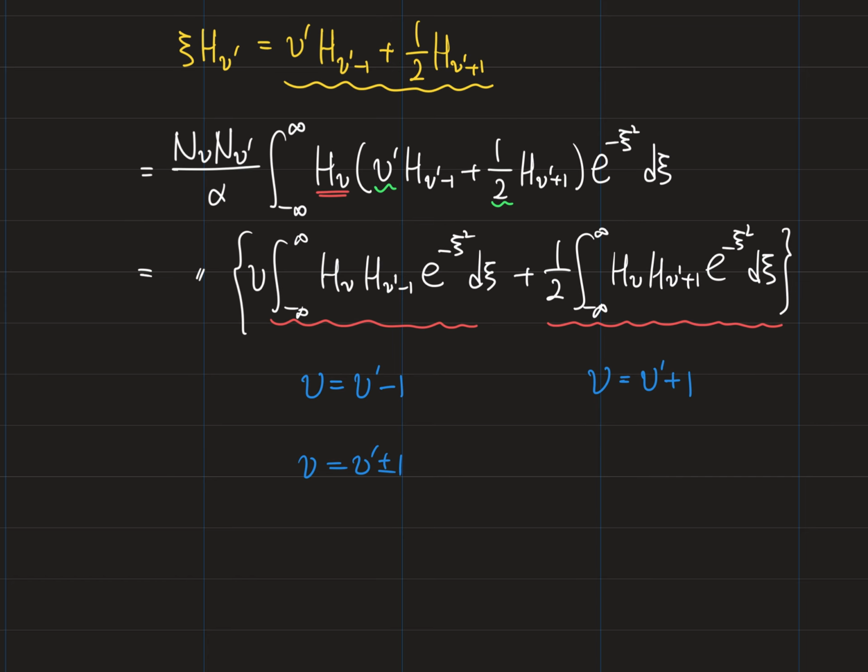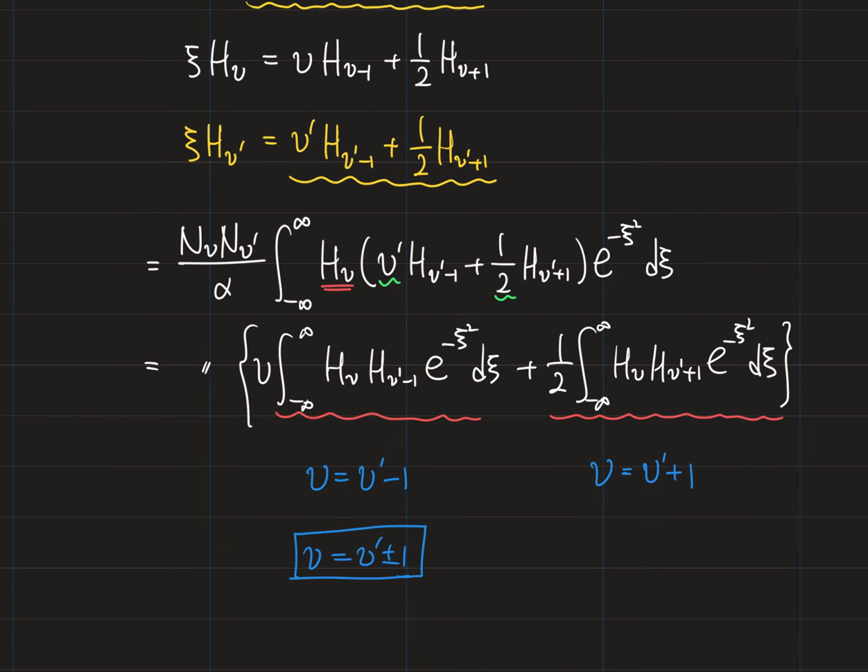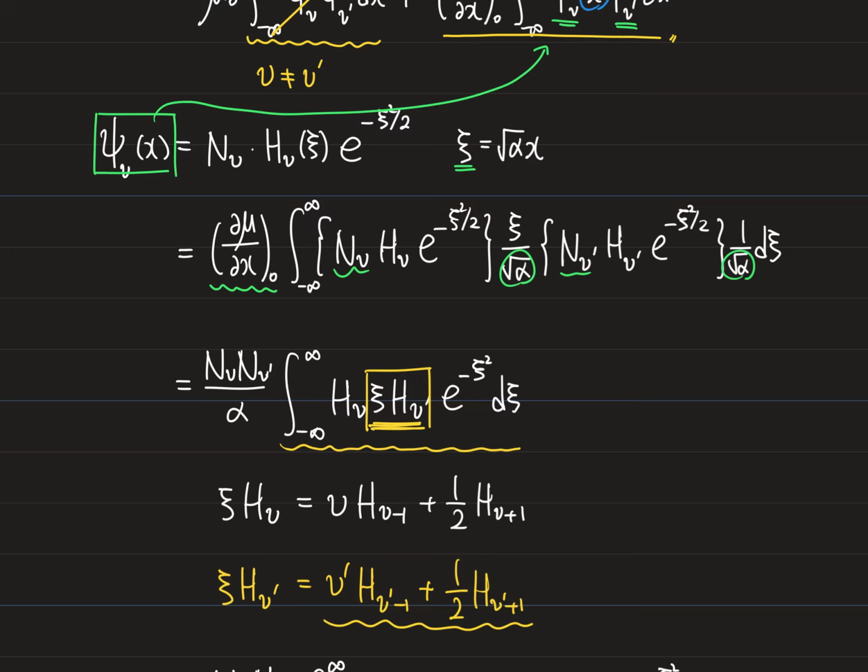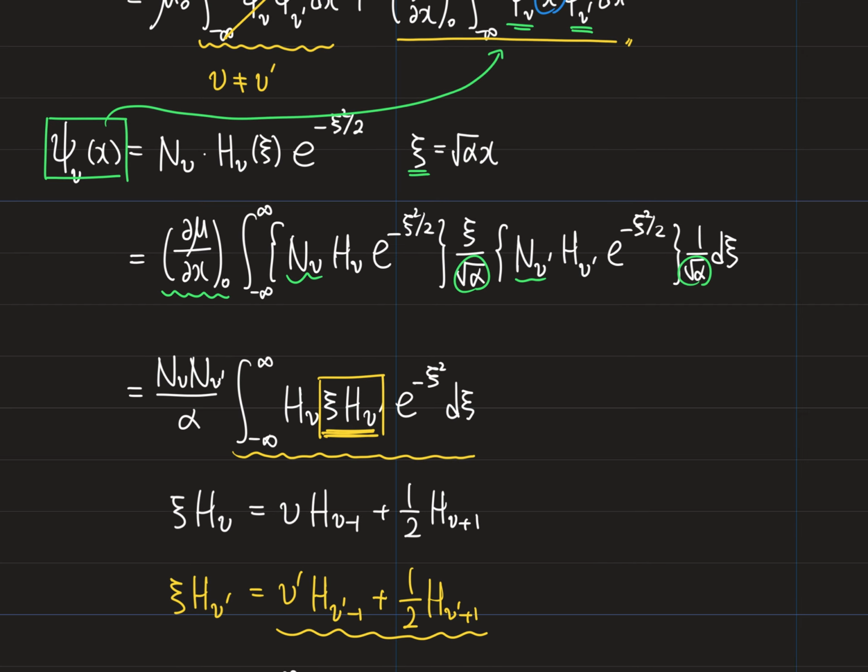So the selection rule is defined based on the transition dipole moment. For the harmonic oscillator, the transition can only occur between adjacent energy levels. We also have to mention that so far we have discussed the non-vanishing value of this integral.